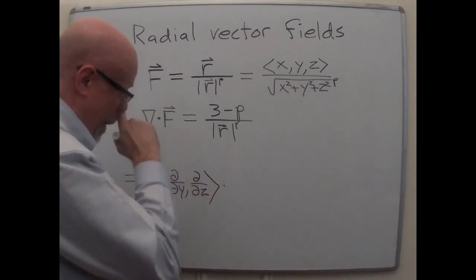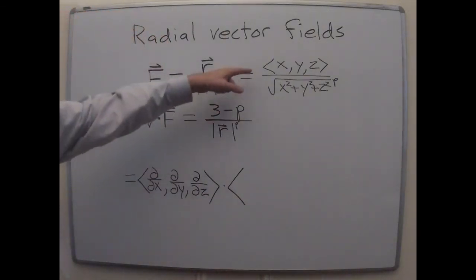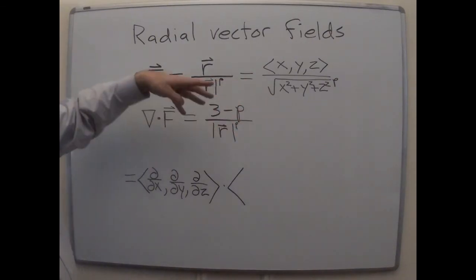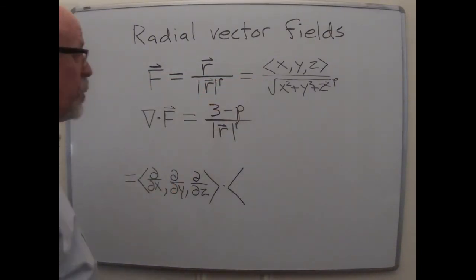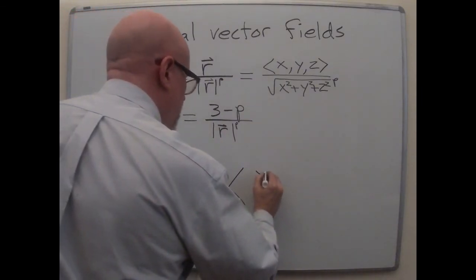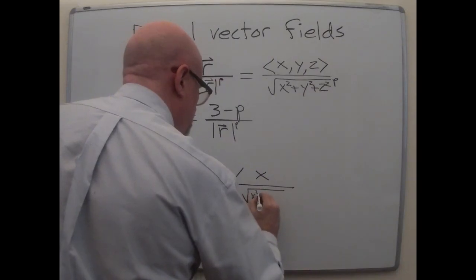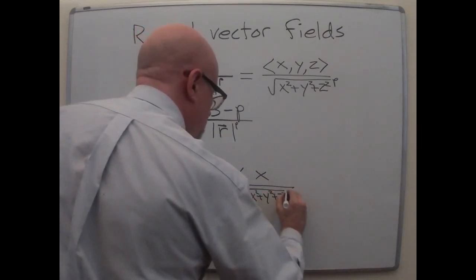Okay. I guess we should re-express this so that we don't have it as a vector over a scalar, but incorporate that scalar in the bottom into each component of the vector. So you get x over the square root of x squared plus y squared plus z squared to the p.